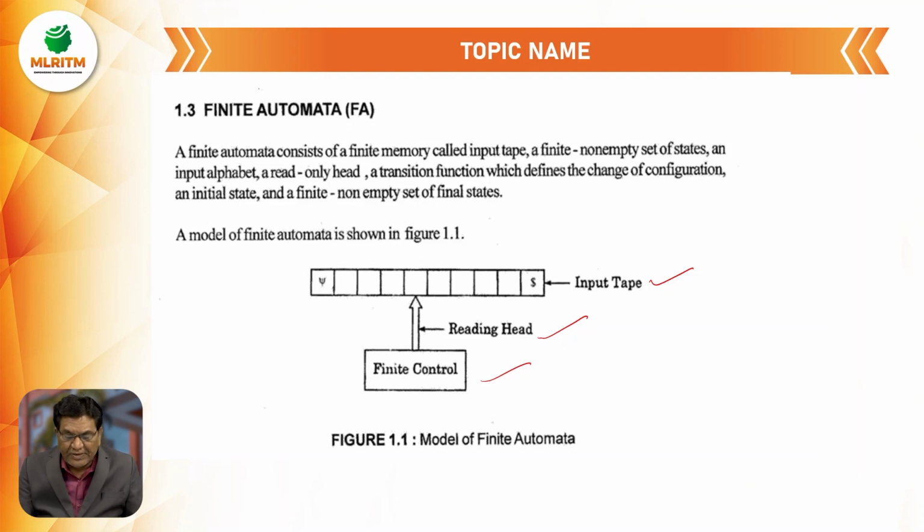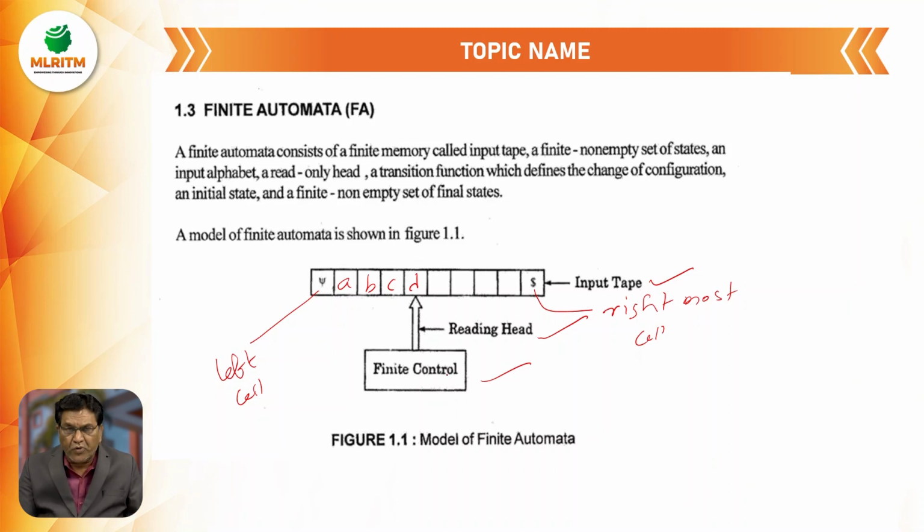Each cell can store only one symbol at a time, like A, B, C or D. The leftmost cell indicates the beginning of the input tape, and the dollar symbol in the rightmost cell indicates the end of the input tape.